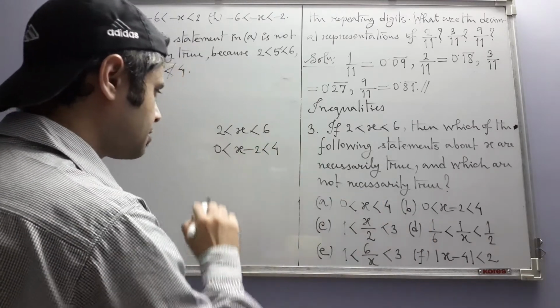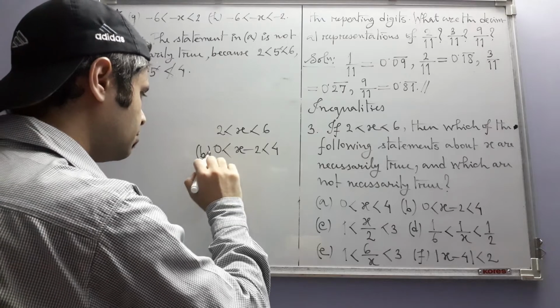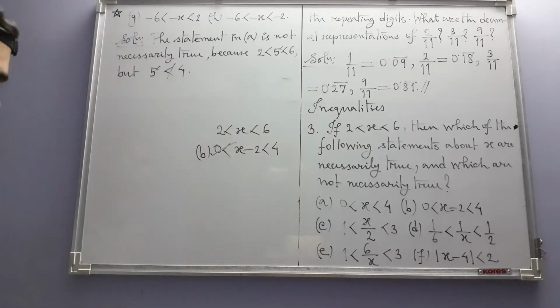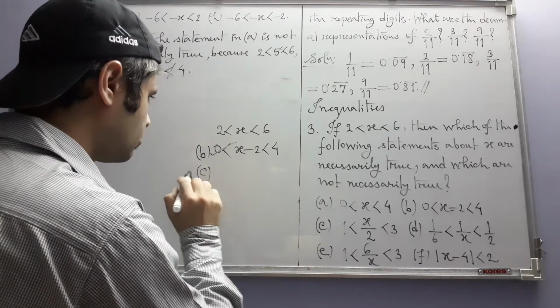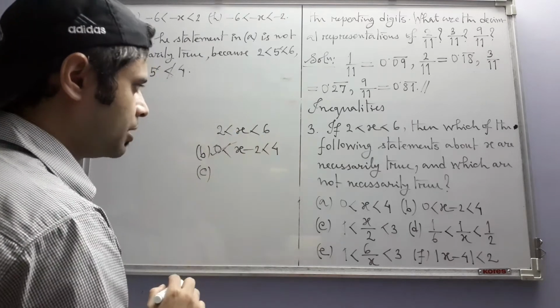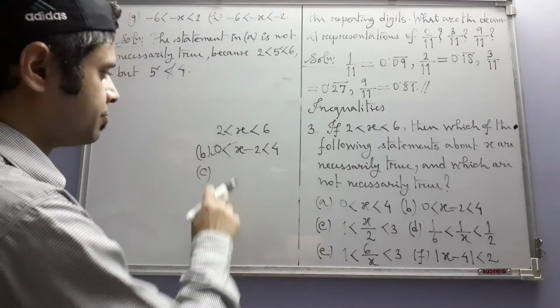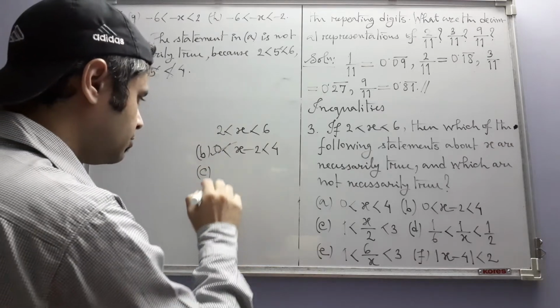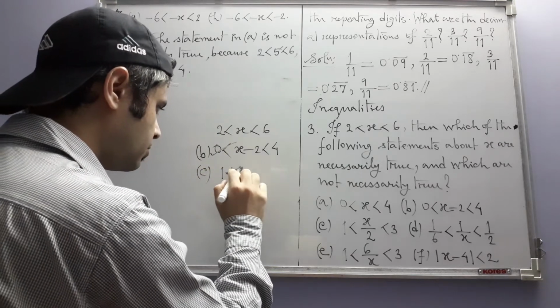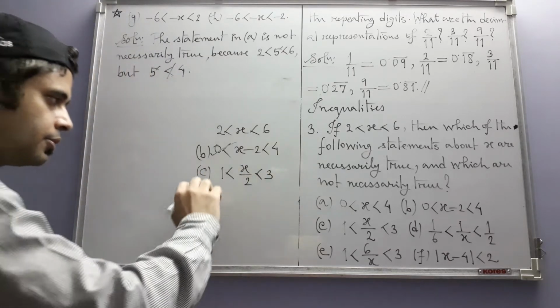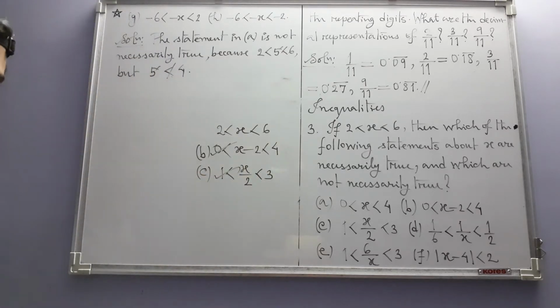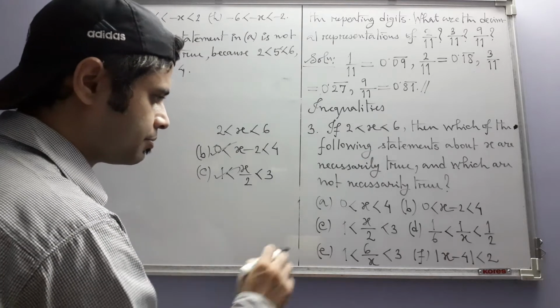So that gives us B. So B is a consequence of the given inequalities. What about C? You divide throughout by 2. That also we can do, because 2 is a positive real number. Doing that gives us this. So this is also a consequence of the given inequalities.